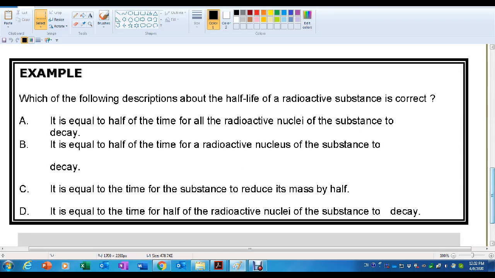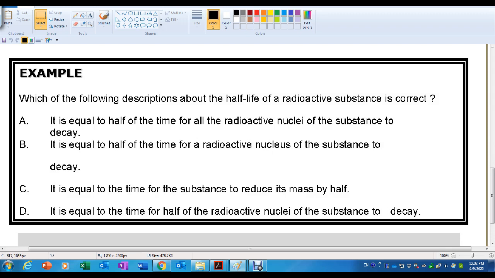Here's an example about the definition of half-life. Which of the following descriptions about the half-life of a radioactive substance is correct? A: it is equal to half of the time for all the radioactive nuclides of the substance to decay. Is that correct?